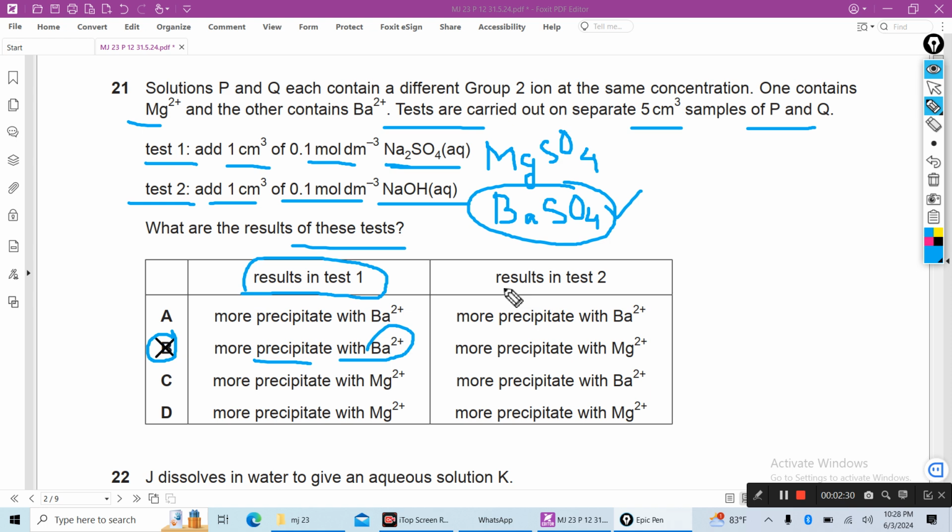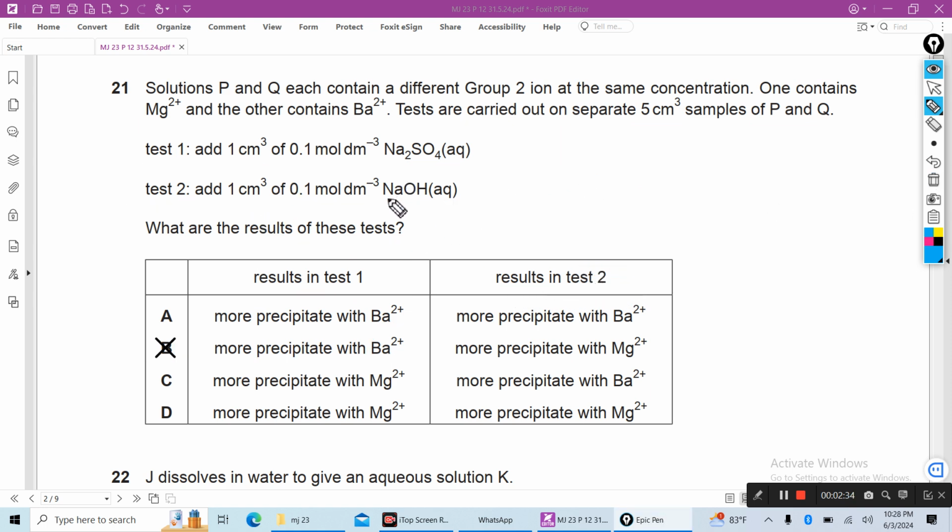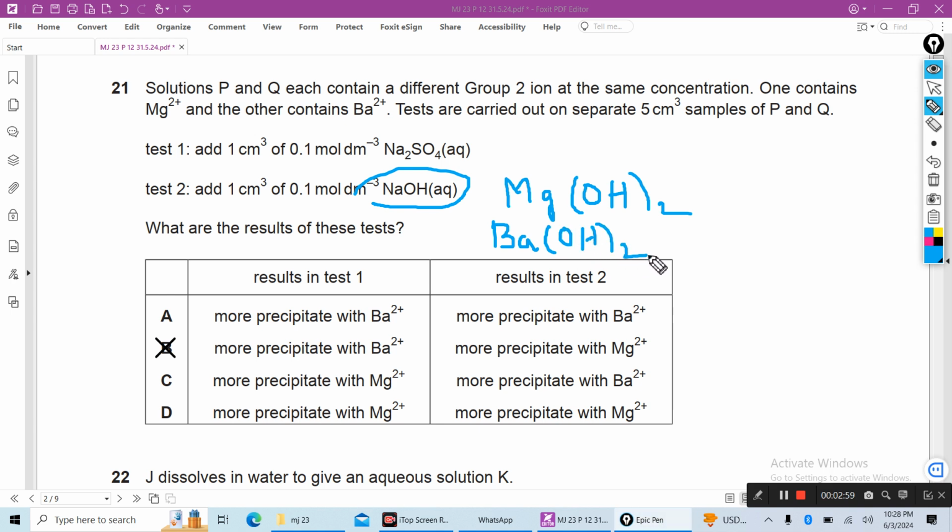Now this test 2, reaction with sodium hydroxide, magnesium hydroxide white precipitate will form, and barium hydroxide is soluble.